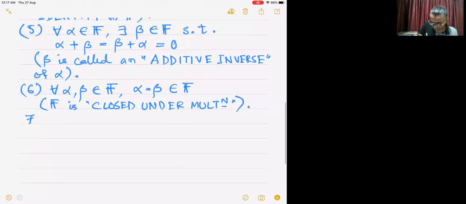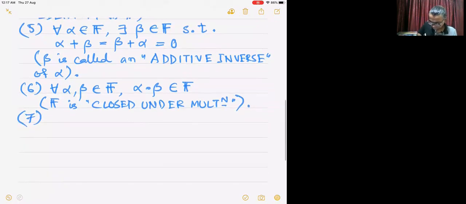Number 7, for all alpha, beta in F, alpha times beta equals beta times alpha.